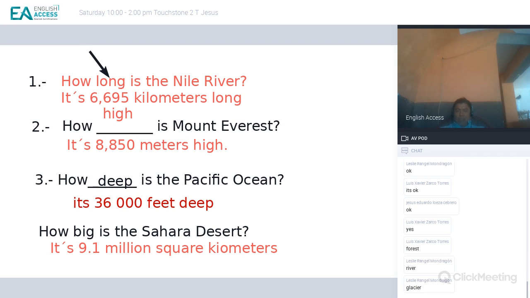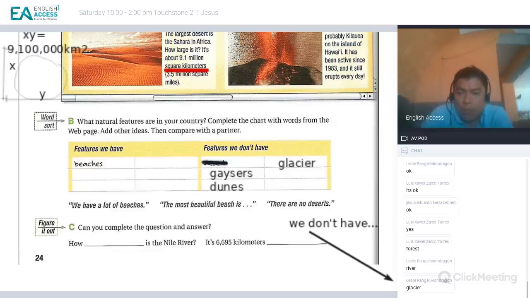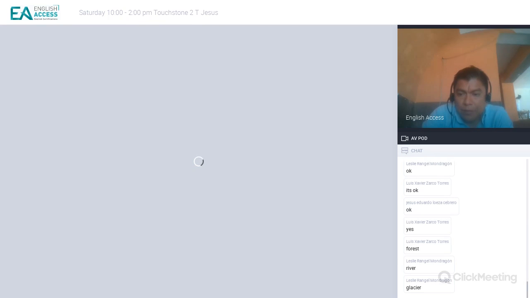Perfect. Just like that. 9.1 million square kilometers. And remember that for square kilometers, you can just write square kilometers. Okay? Now, let's go back to the book. Next page.